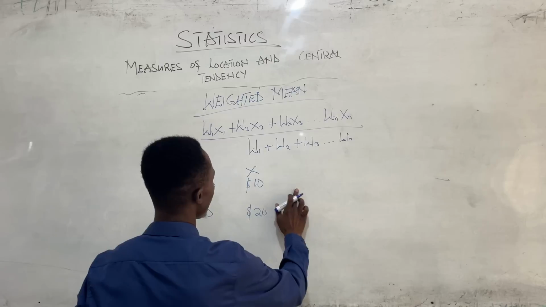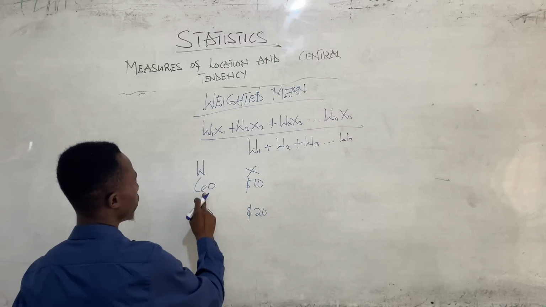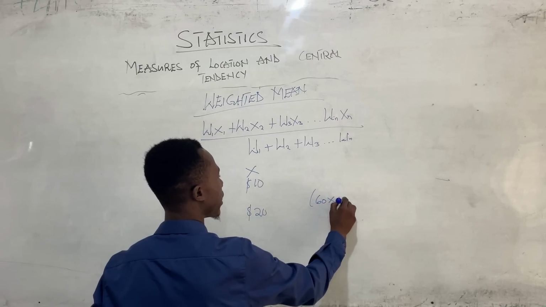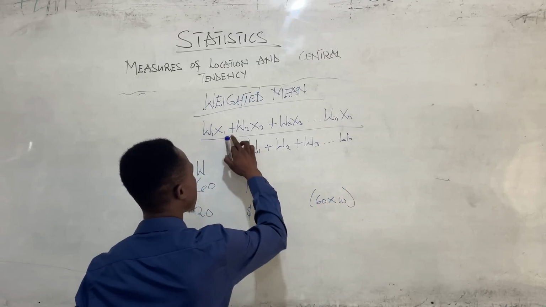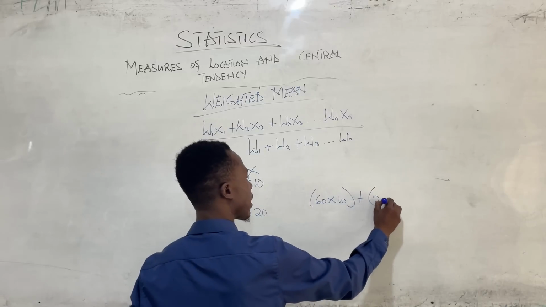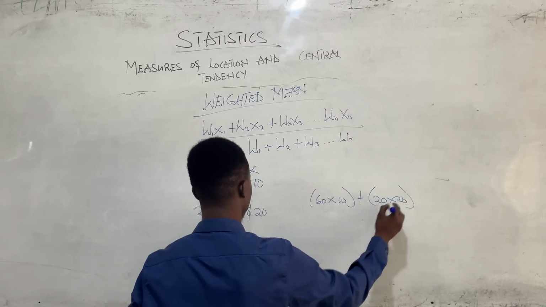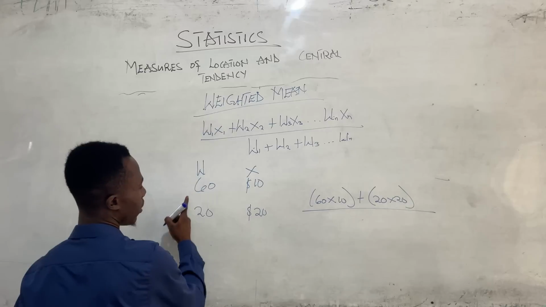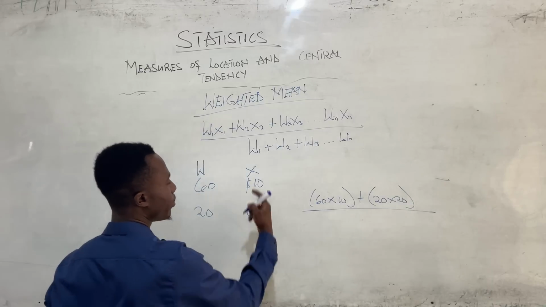W1 X1, this one times this one. So we have 60 times 10, plus 20 times 20. Then we divide everything by 60 plus 20, because it is the sum of the weights.